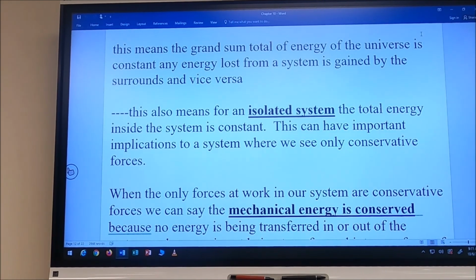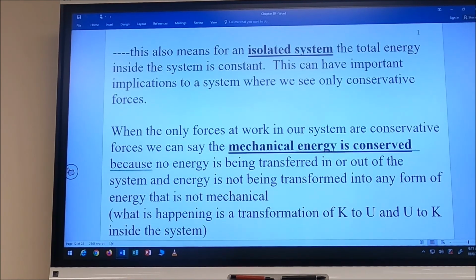For an isolated system, one that's not interacting with the environment, the total energy inside the system would be constant. So this would mean that the mechanical energy of the system would be conserved. As long as, there's a caveat here, we are dealing with only conservative forces.